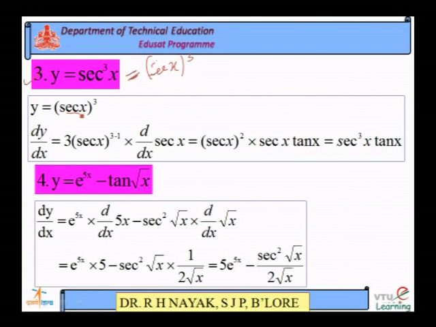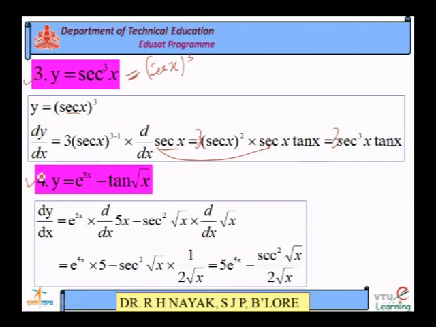Therefore, 3 secant square x into differentiation of secant x, which is secant x into tan x. Finally, it becomes 3 into secant square into secant. Secant square into secant is secant cube, so the answer is 3 secant cube x into tan x.